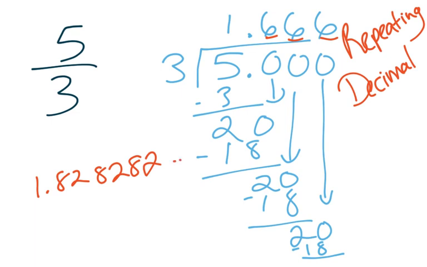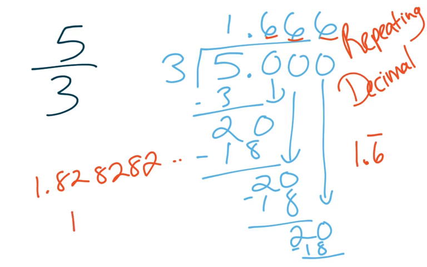If they keep going and going and they never seem to be stopping, you don't want to keep writing your problems over and over again. So we would write our final answer as 1 6/10 with a line over the 6. That line is called a repeating bar, and it means that that 6 is going to keep on going.